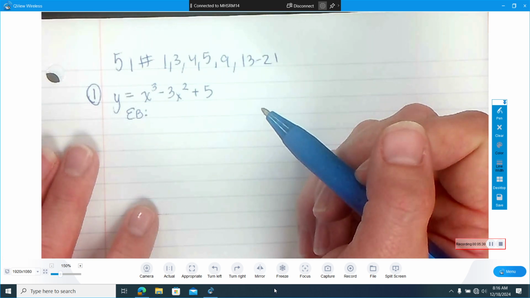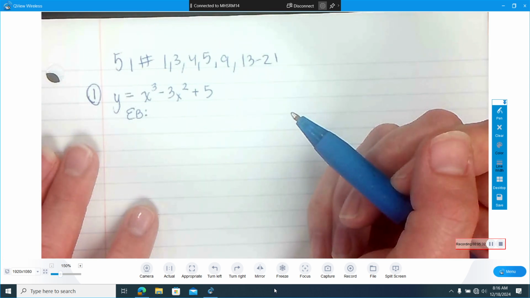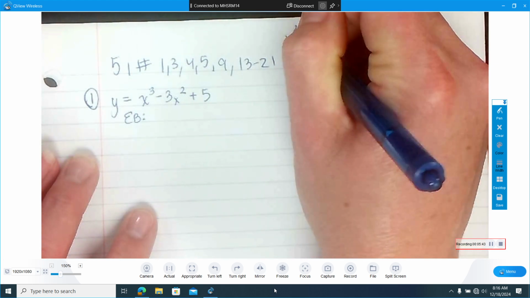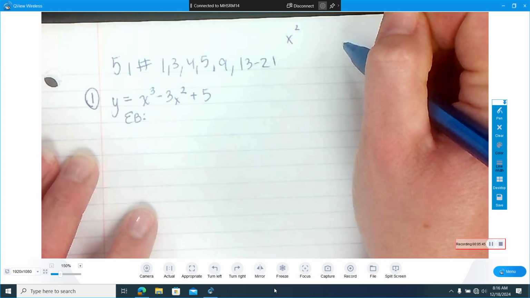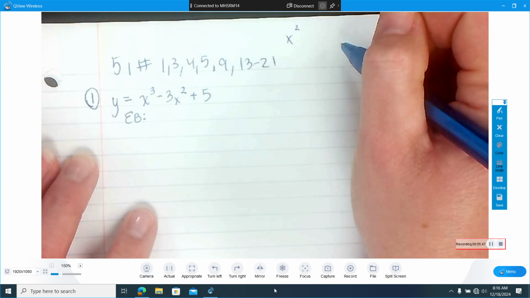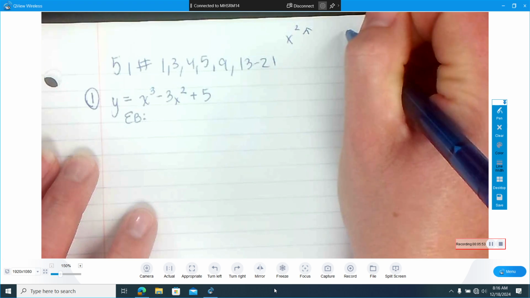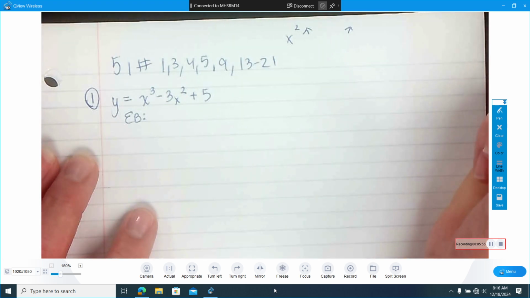Where are the arrows? For instance, if it was x squared, what shape is that? Parabola. Where are the arrows? Both going up. So you have an arrow in quadrant 2 and an arrow in quadrant 1.